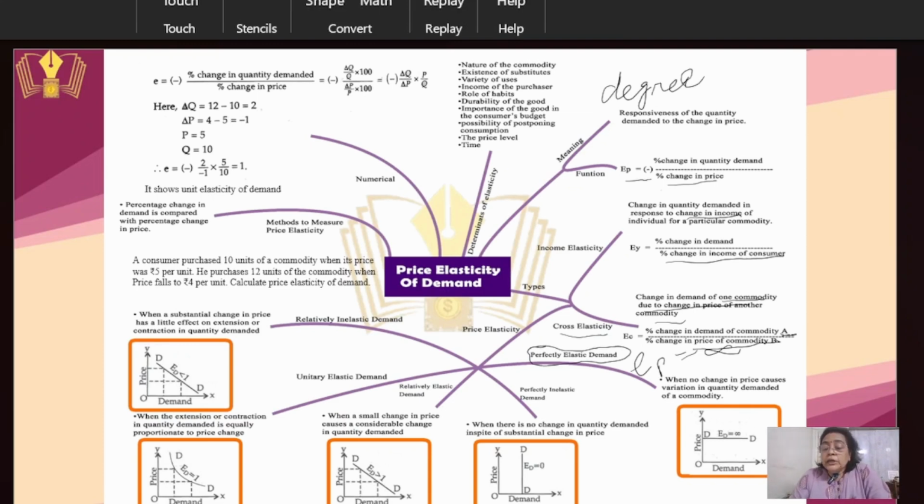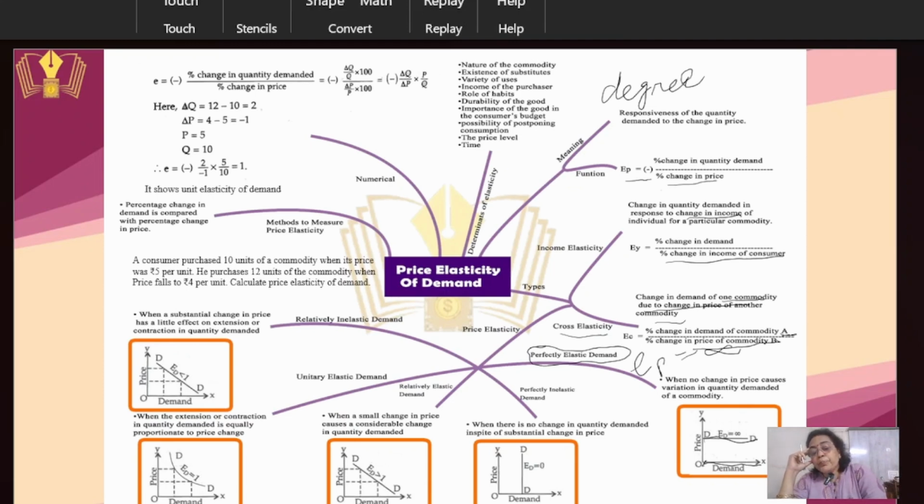infinity. Students, always remember that for perfectly elastic demand, the curve is a horizontal line parallel to the x-axis. Otherwise, this question might come to your mind: because price and quantity demanded have an inverse relationship, usually the shape of the curve should be downward sloping.